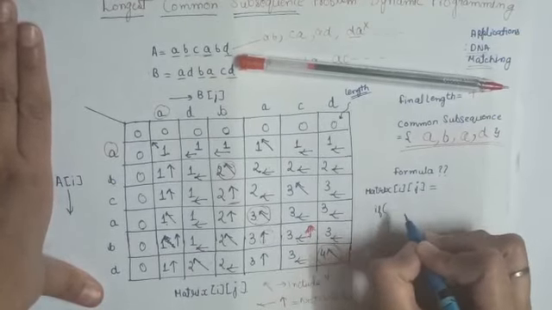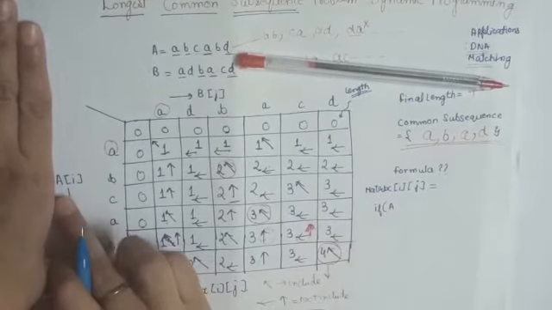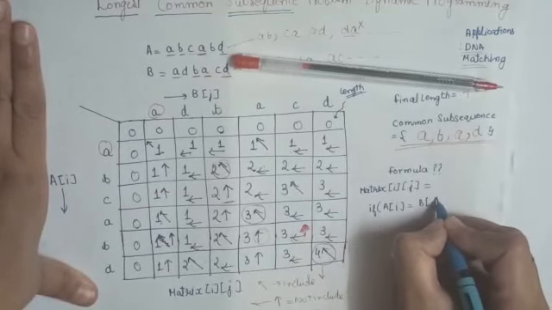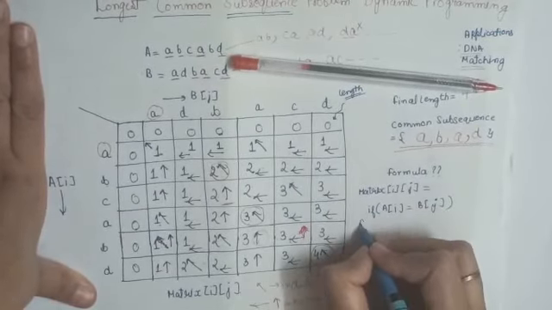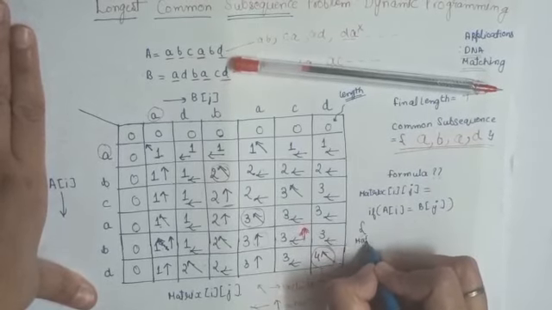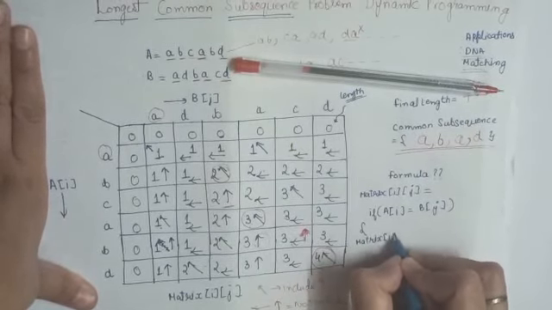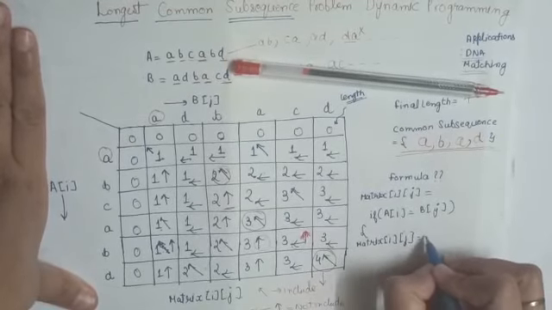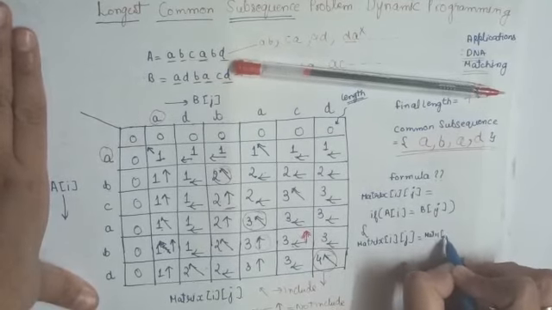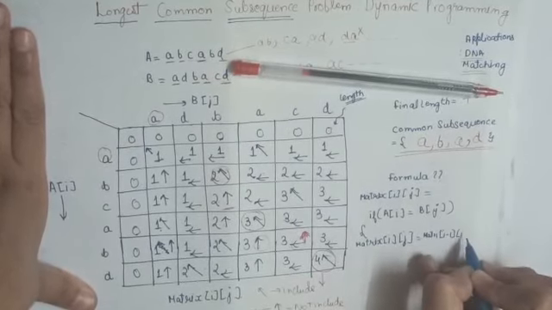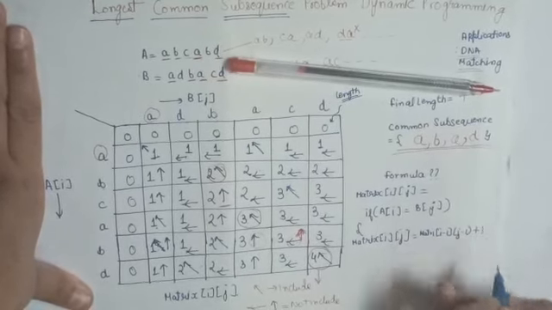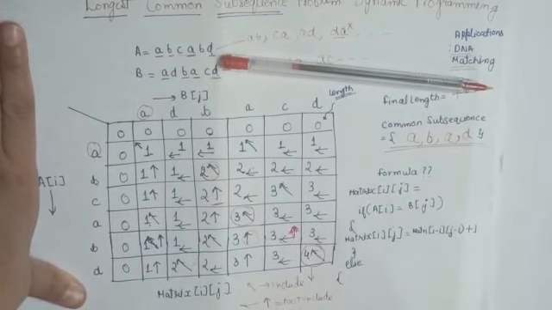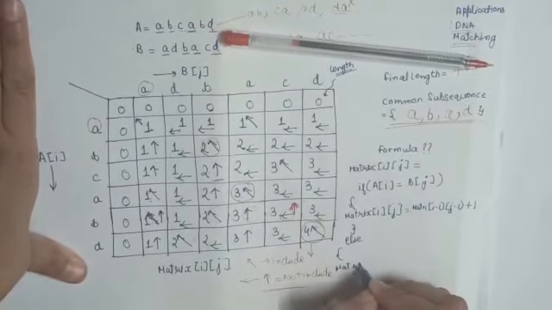If the value in string A, that is A of i, is equal to B of j, if both values are same, in that case the value of matrix i, j will be equal to matrix i minus 1, j minus 1 plus 1.